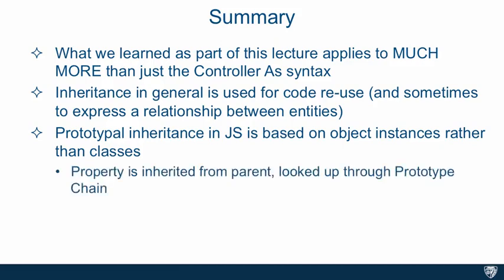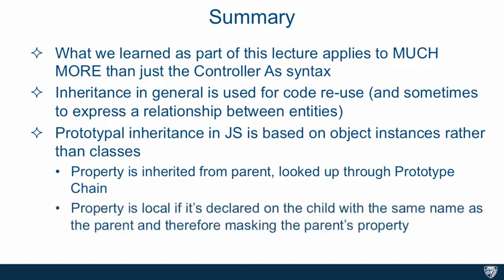First, the child object's properties are inherited from the parent and are looked up through the prototype chain, so they are actually not sitting directly on the child. Second, the property can be local if it's declared on the child object itself with the same name as the parent, and therefore masking the parent's property.